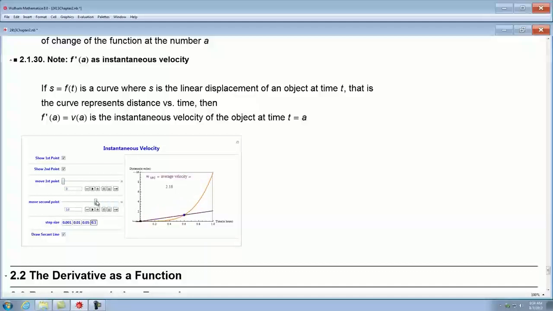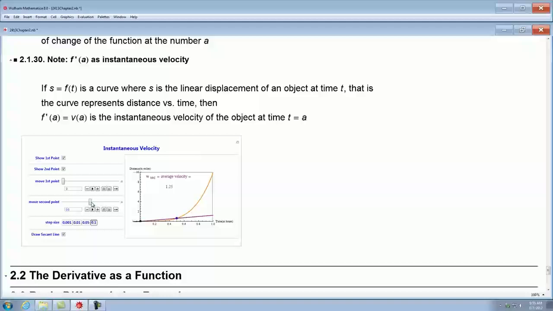So let me try this. Let's look at what's happening in the first half hour. In the first half hour, I went from here, half an hour, to here, right, 0.5. How far did I go? Well, you can't really tell, but the distance up here divided by this time is my average speed, and that would be 1.25. So my average speed for the first half hour is 1.25.